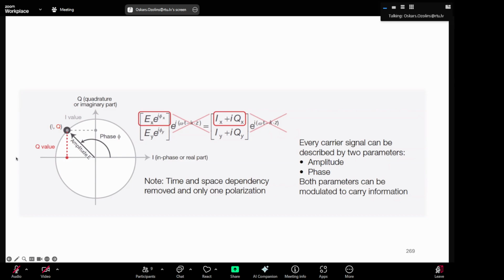So this is in phase or real part of a signal, and then Q part, quadrature, or imaginary part of a complex signal. And this is only for one polarization, and there's no time and space dependency. Right. And then you can see that every signal can be described with two parameters, amplitude and phase. And we can use both parameters to carry information, they can be modulated.